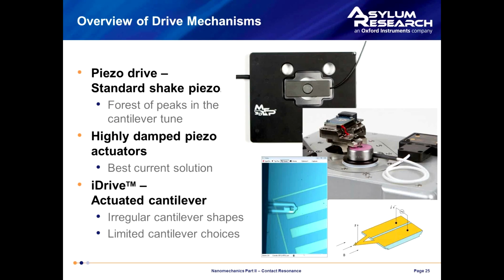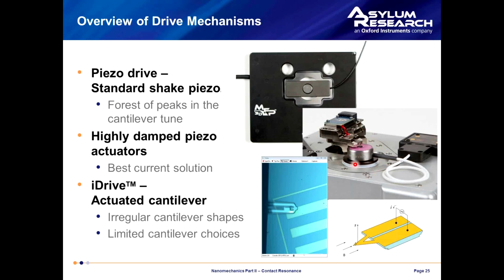And it comes about because piezos are actually really powerful drivers. They don't move very much, but they can exert tremendous forces. And so what they end up doing is they end up exciting many, many resonances in the mechanical structure of the AFM itself. By taking those same piezo actuators and highly damping them, we can make the situation much, much better. So I'm showing, here's an actuator that's in our MFP 3D AFM.